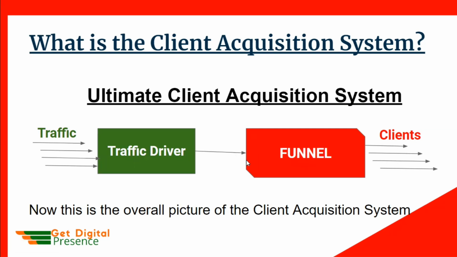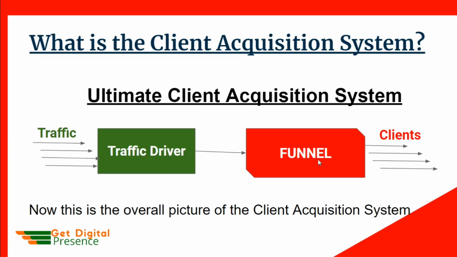All right, it converts the traffic that has been sent by the traffic driver into your clients. All right, so this is a simplified diagram of the client acquisition system. This system sucks in traffic from the traffic sources, sends it to the funnel, and converts the traffic into clients.